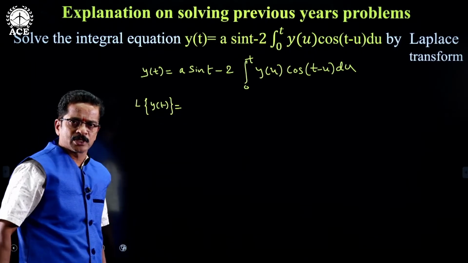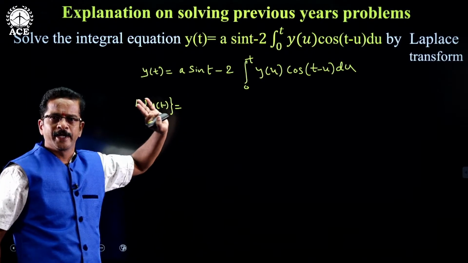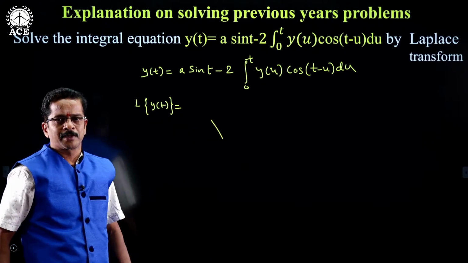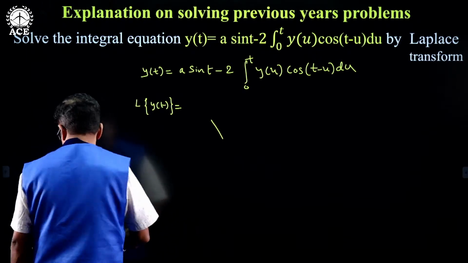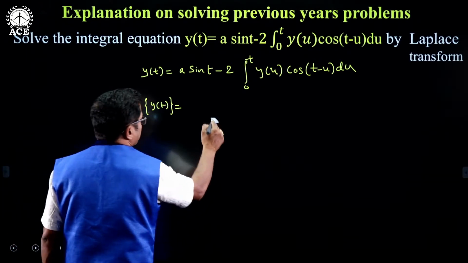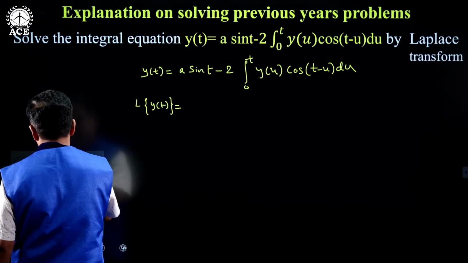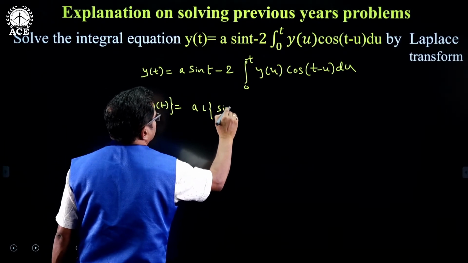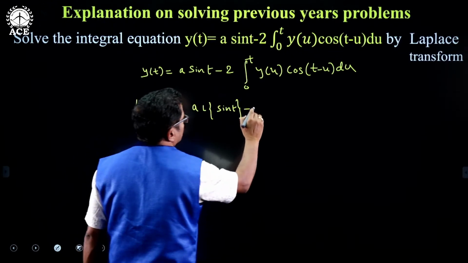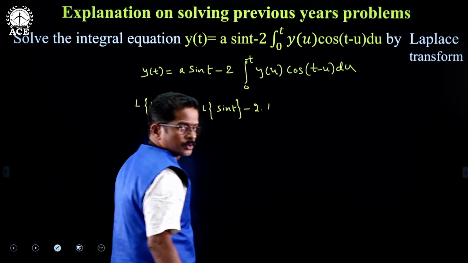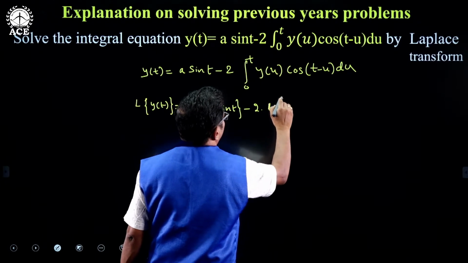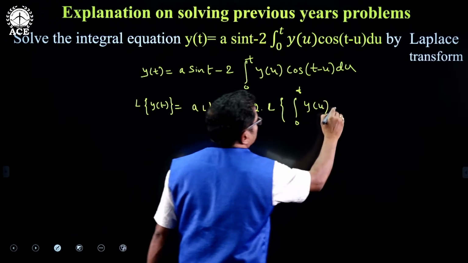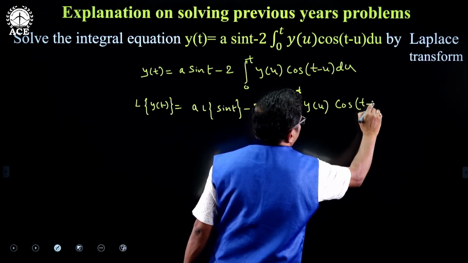I am directly taking Laplace transform for every individual term by applying the linearity property of Laplace transform. I am writing this as a into L of sin t minus 2 into L of integration 0 to t y of u into cos of t minus u du.